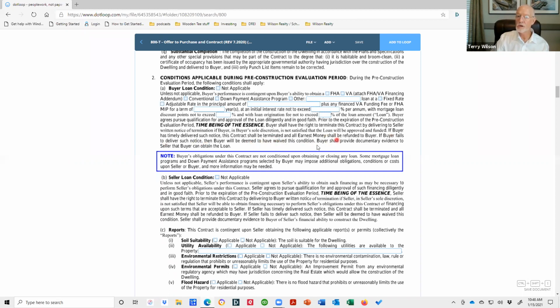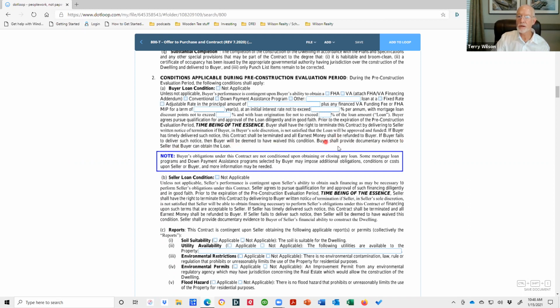Buyer must also provide documentary evidence to the seller that the buyer can obtain a loan. So even though there's nothing in here that says by what date they have to deliver that, they do have to provide documentary evidence to the seller that they can get their loan, because it's using the word shall.